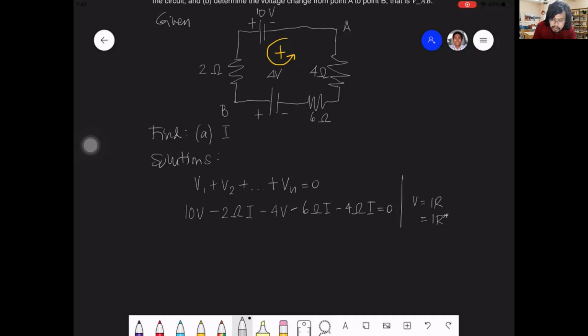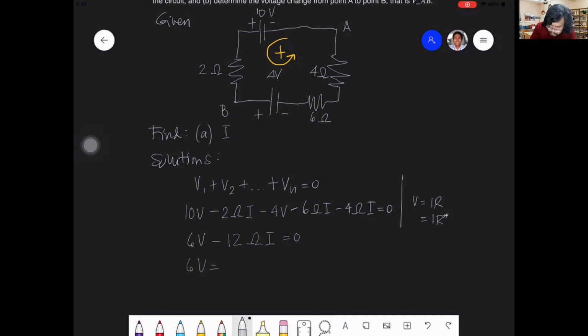Okay, so we group similar terms, and this becomes what? 6 volts minus, we just add the values for the resistors. The resistance is going to be 12 ohms I equals 0. And okay, we move that one term to the other side.